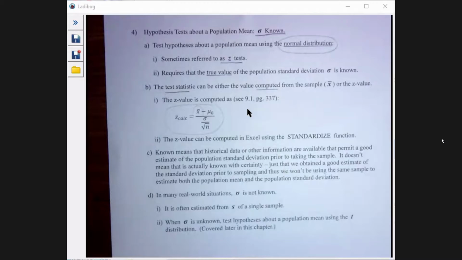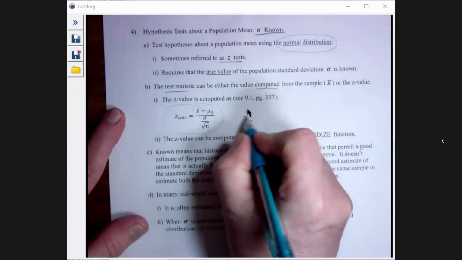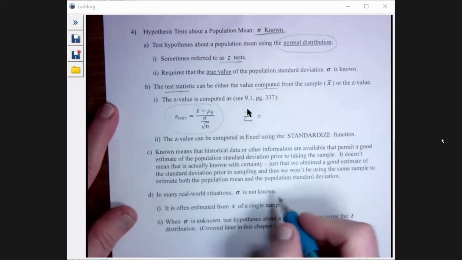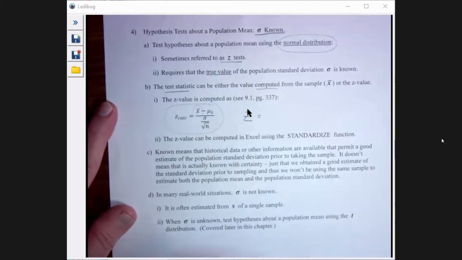Do y'all remember how we calculate z-values? It's the norm.s.inv of the alpha. Hold on to that, but that's not what we're doing now.